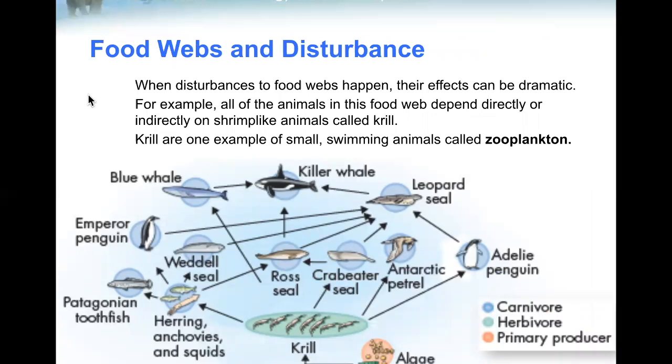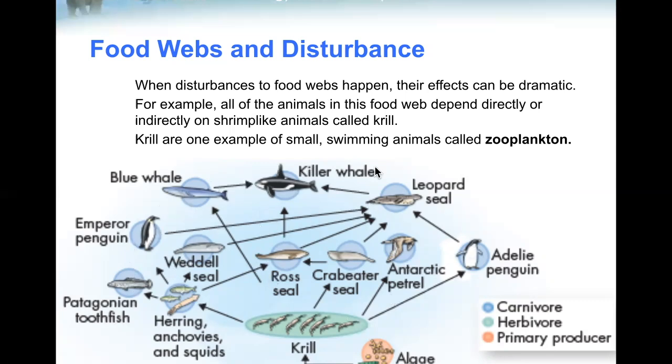When disturbances to a food web happen, their effects can be dramatic. For example, all the animals in this food web depend directly or indirectly on shrimp-like animals called krill. Krill are one example of small swimming animals called zooplankton. Krill feed on the algae. Herring, anchovies, and squid feed on that directly, and the crab-eating seal, and for all of these, the arrows go up.